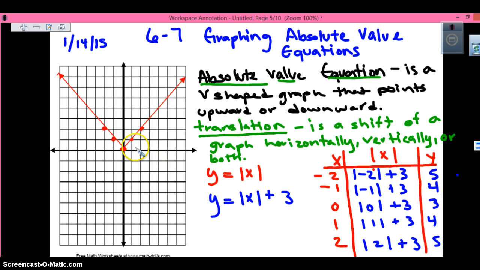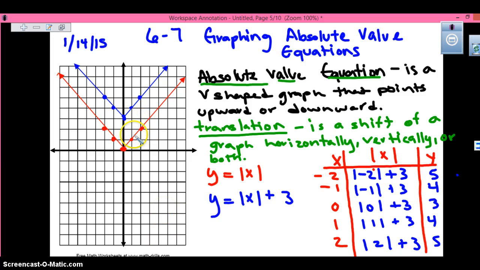We plot these points. -2 and 5, -1 and 4, 0 and 3. And we can see our graph. Notice that it is exactly the same shape in a different position. Now, what can we see is the difference between these graphs?